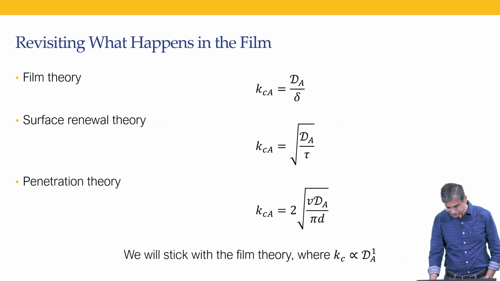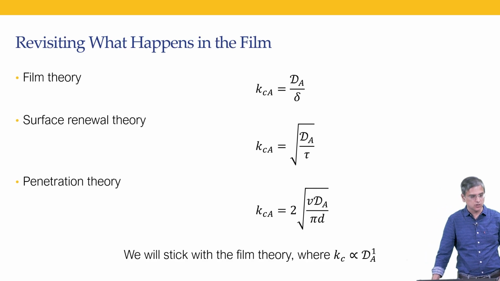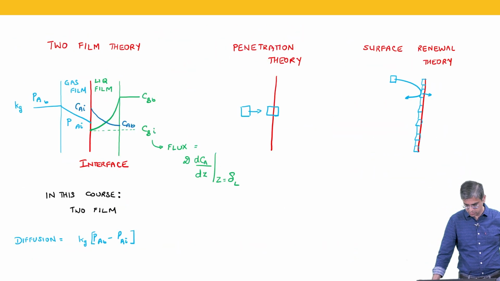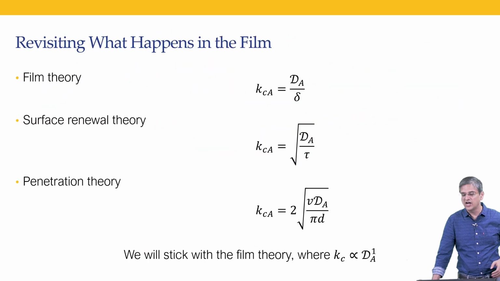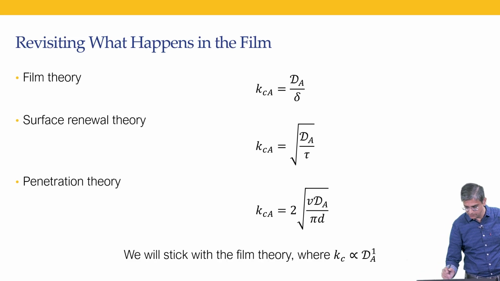This is something that I talked to you about in the previous lecture, when we discussed this. If we have film theory, our K in either of the fluids is proportional to diffusivity. That is the theory we are using.